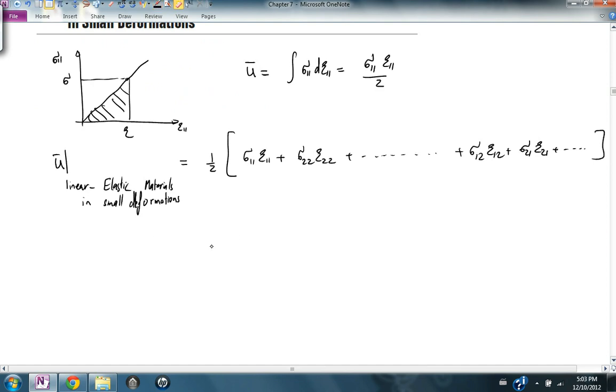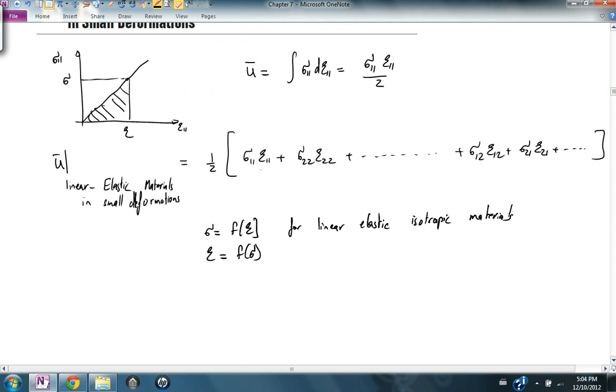But in the previous chapter, we already know that I can replace sigma 1 1, or in general the stresses, as a function of the strains for linear elastic isotropic materials, and in fact I can also replace the strains with a function of the stresses.